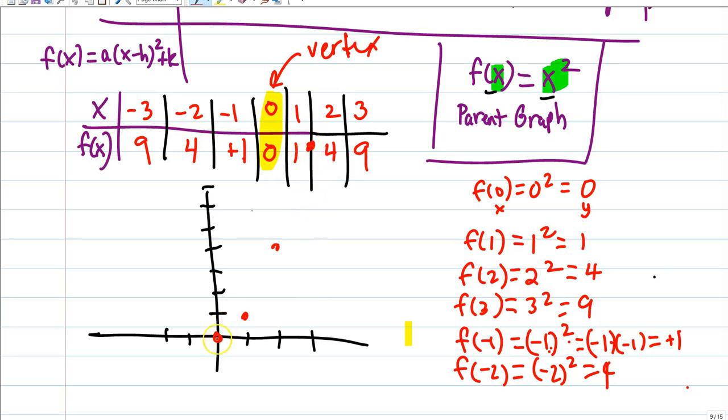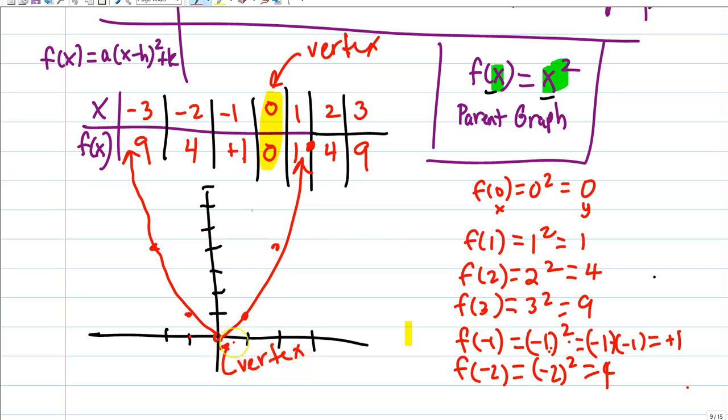So the idea is, as I go to the right, it's rocketing upward. It's growing exponentially. When we go to the left, -1 gives us 1, -2 gives us 4, -3 gives us 9 all the way up on the screen there. But the idea is that there's a reflection around this vertex.